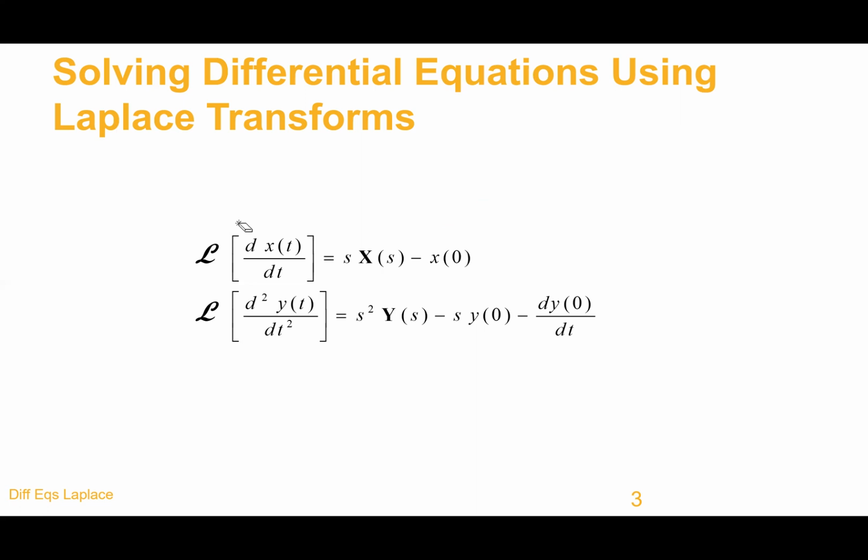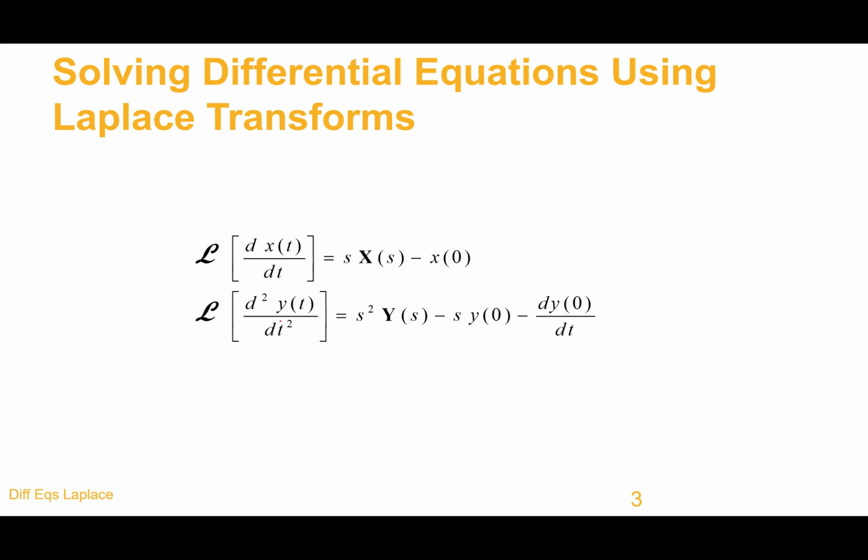And if you repeatedly apply that formula, so if differentiating with respect to time means multiplying the Laplace transform by s and then subtracting the initial value, you can apply that twice. Differentiating twice means differentiating once and then differentiating again.